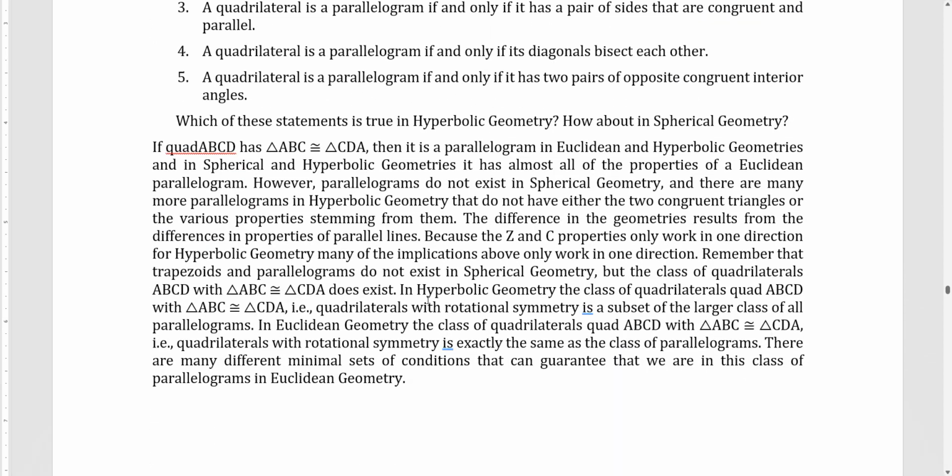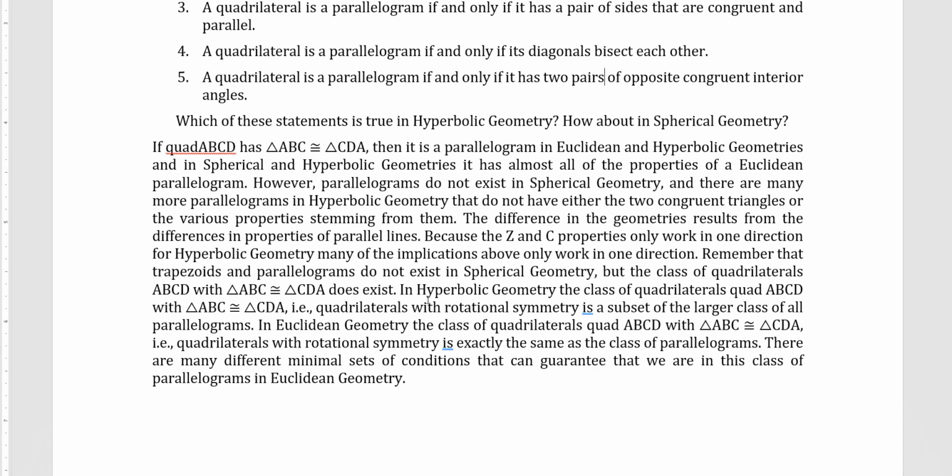If quadrilateral ABCD has triangle ABC congruent to triangle CDA, remember the order matters, then it is a parallelogram in Euclidean and hyperbolic geometries, and in spherical and hyperbolic geometries it has almost all the properties of a Euclidean parallelogram. However, parallelograms do not exist in spherical geometry, and there are many more parallelograms in hyperbolic geometry that do not have either the two congruent triangles or the various properties stemming from them.